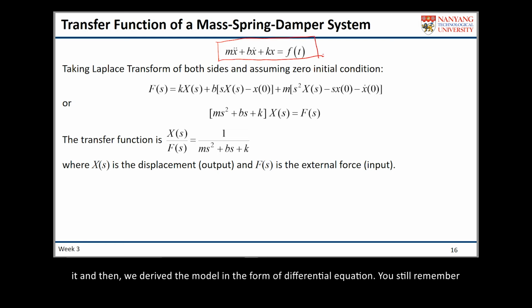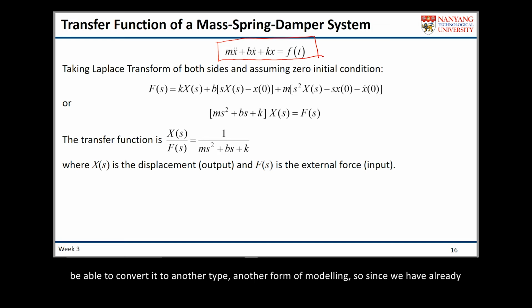You still remember in the previous topics last week, we discussed that there are at least 3 different modeling approaches. You can represent the model in the form of a differential equation. You can represent it in the form of a transfer function. And the last one, you can also represent it in the form of a block diagram. You just need to know one of them, and then you should be able to convert it to another form of modeling.